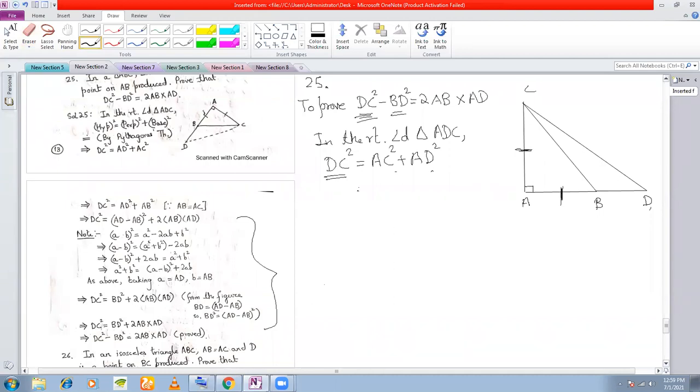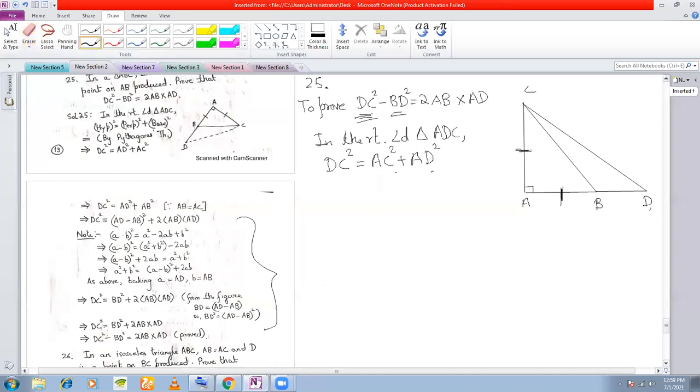You rotate this diagram a little, around 180 degrees, and it will come to this. Okay, sir.